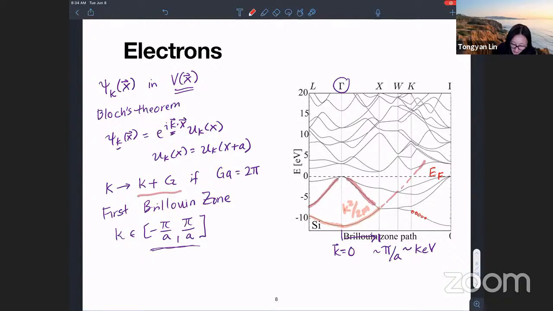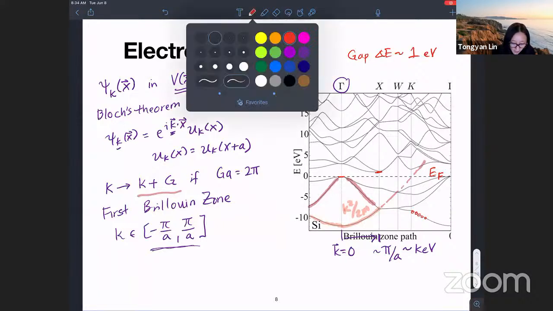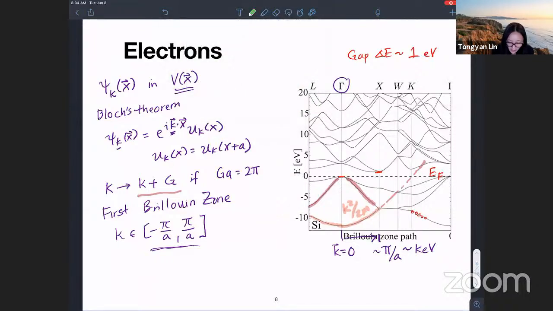And importantly, there's a gap here. So the highest occupied one is around here, and the lowest available one is here. So this has a gap of around 1 eV. So when we talk about dark matter excitations in this material, then we can think about specifically removing, for instance, an electron from here and exciting it to some available eigenstate here.